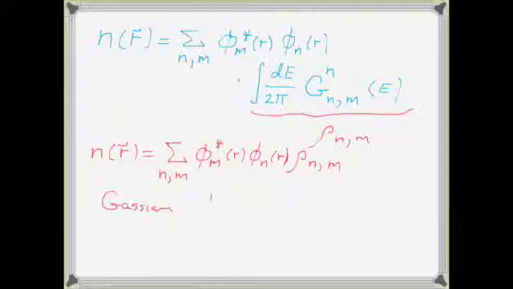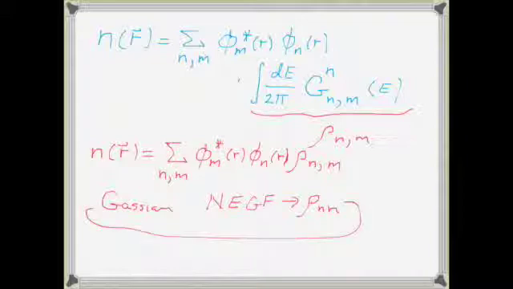They would use NEGF to get the density matrix, and then they would send that back into the quantum chemistry code or the DFT code, which would then calculate the charge, create these new functionals and update the Hamiltonian that would then go back to NEGF like that.